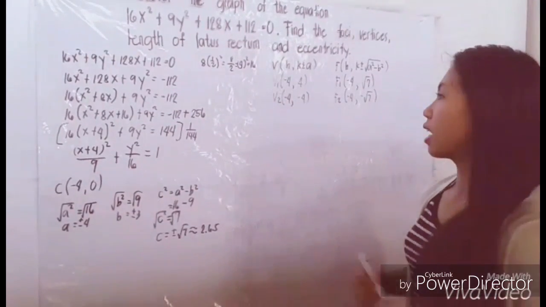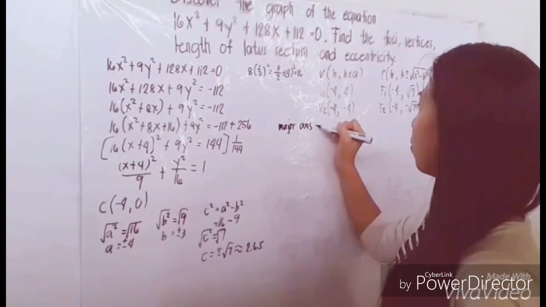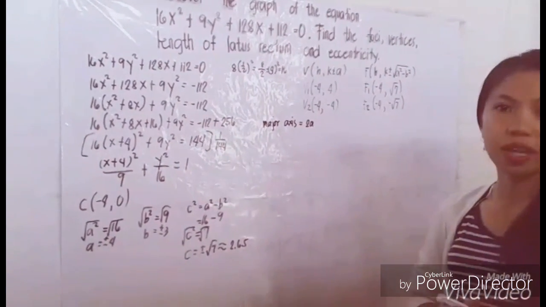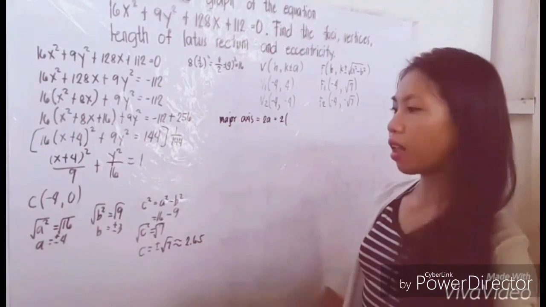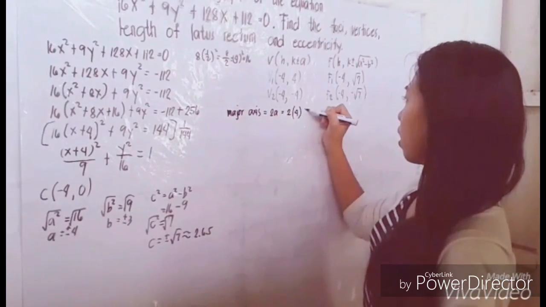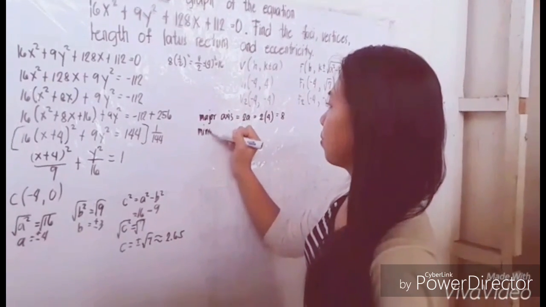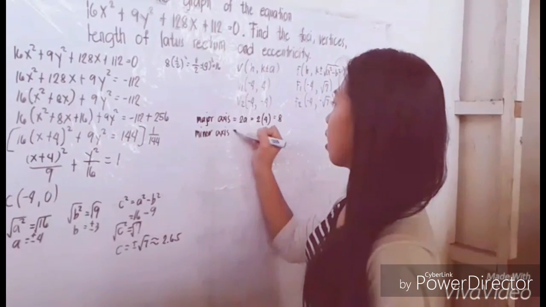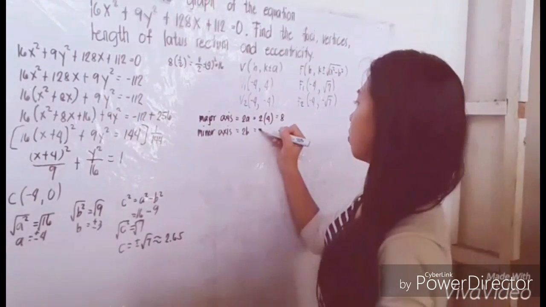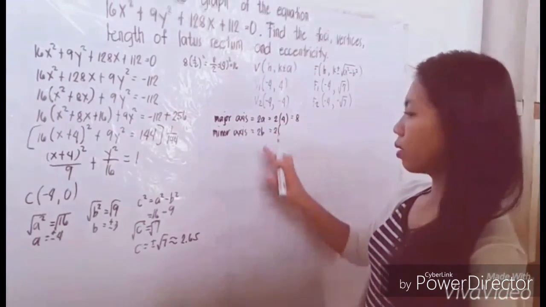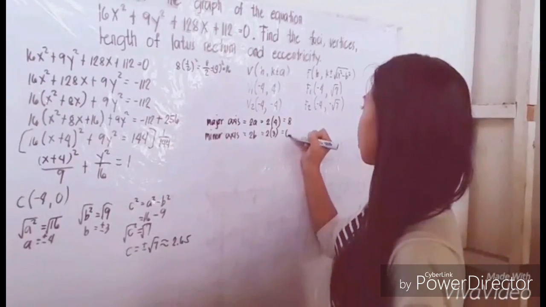We have to find our major axis, where our major axis is equal to 2a, and 2a is the length of our major axis. Substituting, we have 2 times our value of a, which is 4, so we have 8. We also have to find our minor axis, which is equal to 2b, the length of our minor axis. Substituting, 2 times our value of b, which is 3, gives 6.